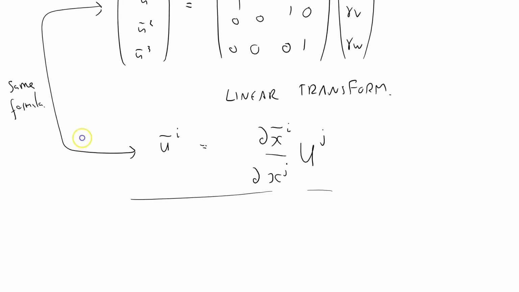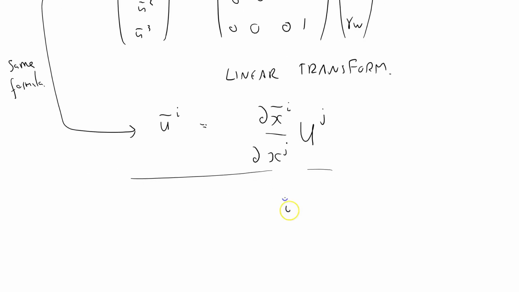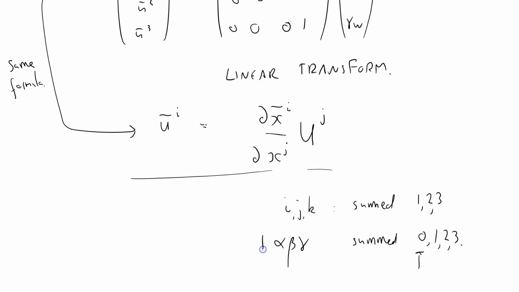Actually, there's a slight infelicity of this, because we normally say letters i, j, k are summed or refer to 1, 2 and 3, whereas we take Greek letters summed over 0, 1, 2 and 3. We're including the 0 here if we use Greek letters.